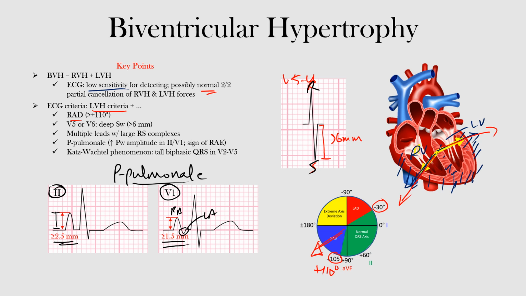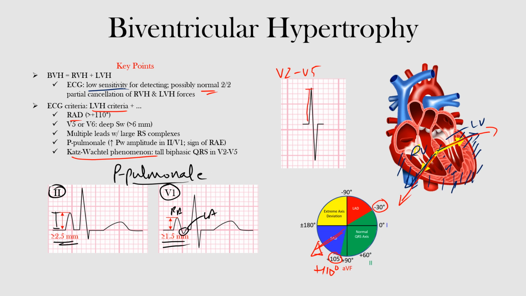So this last thing I wanted to mention here is this cat's watchtail pattern or phenomenon where we see tall biphasic QRS complexes in V2 through V5. So if we erase this, what we're saying is imagine these are leads V2 through V5, and we notice that we have tall biphasic QRS complexes.